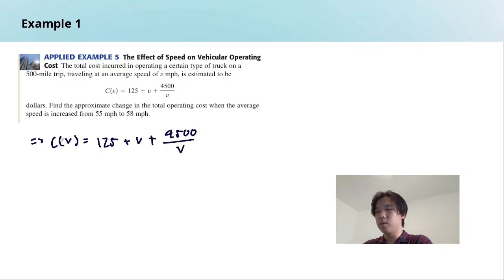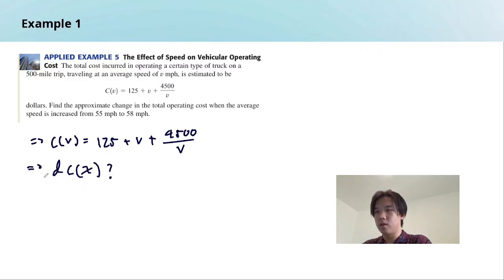Find the approximate change in the total operating cost when the average speed is increased from 55 miles per hour to 58 miles per hour. So the question is asking us to find the change in total operating cost.